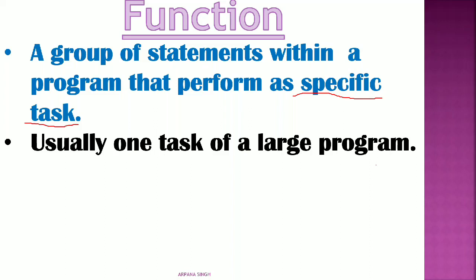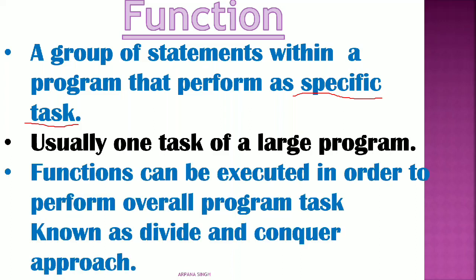So, since the program is using functions, each function will perform one task of that whole program. And so, the functions can be executed one by one, and the overall program task is performed. This is what we call the divide and conquer approach.